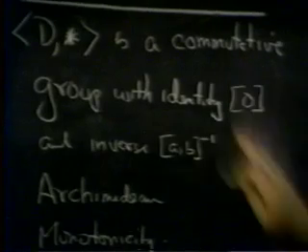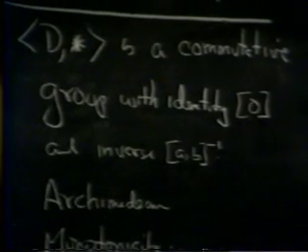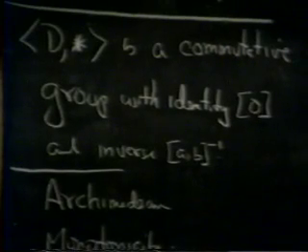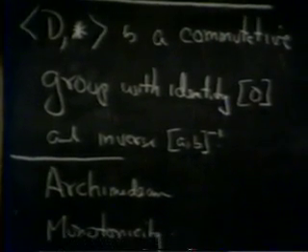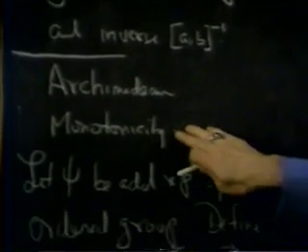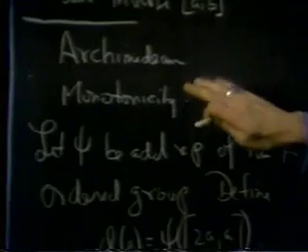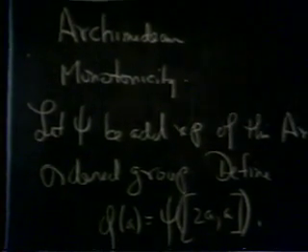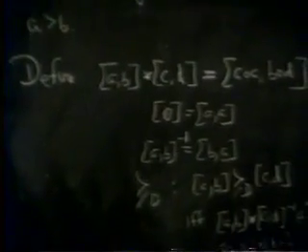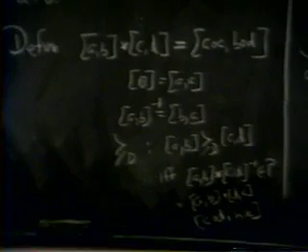This is a fairly straightforward step in the proof. The next step is to establish the Archimedean property, again fairly straightforward, and then the monotonicity. And at that point, one has all of the properties in this constructed system. One has all the properties of an Archimedean ordered group.